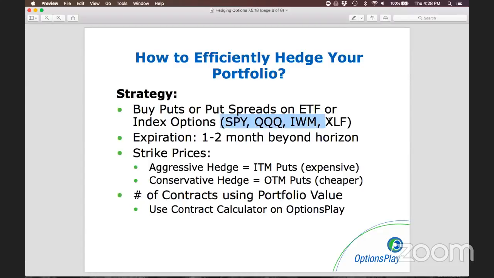This could be ETFs like SPY, QQQ, IWM, which is the small cap ETF, or perhaps a specific sector. For example, if you have a very tech-heavy portfolio, or a healthcare-heavy portfolio, or a financials-heavy portfolio, perhaps you work in that industry and you invest mostly in those types of stocks, you generally want to find some kind of ETF or index that tracks your portfolio the best.